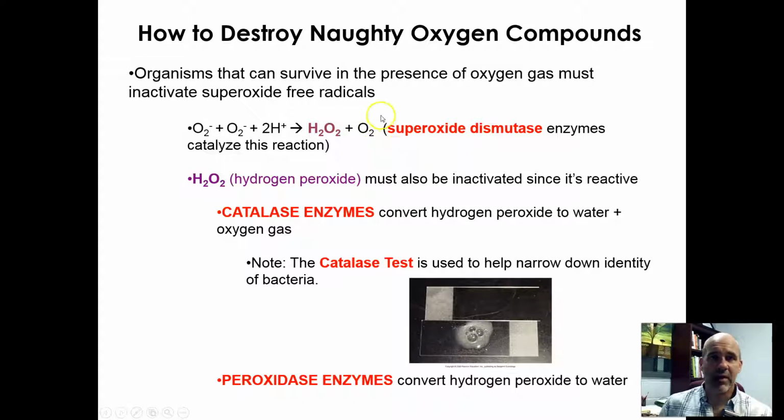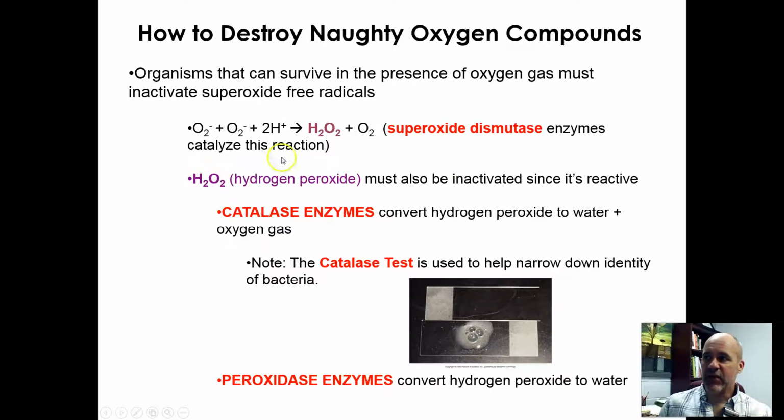So this is the friendly oxygen gas molecule that we can use for cellular respiration. So superoxide dismutase is an enzyme that makes that chemical reaction happen. These are your inputs. These are your outputs.